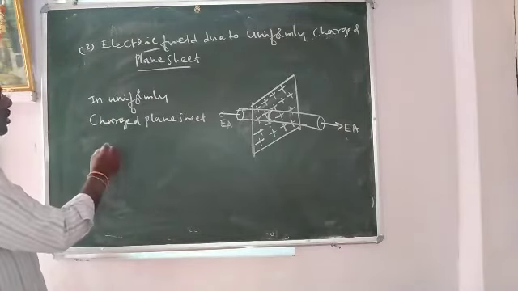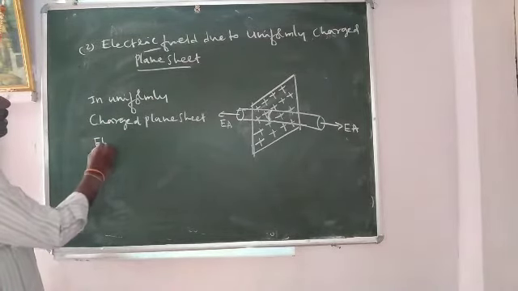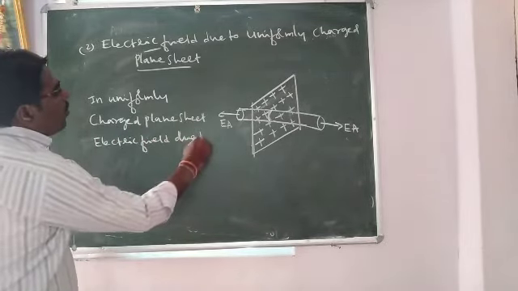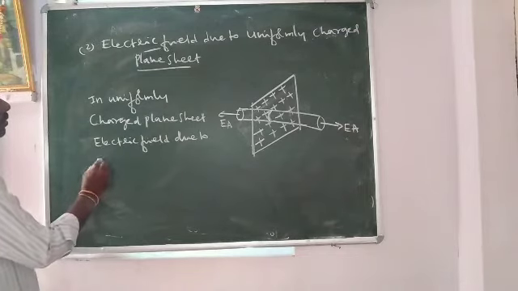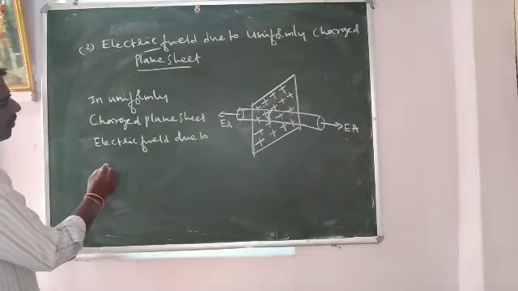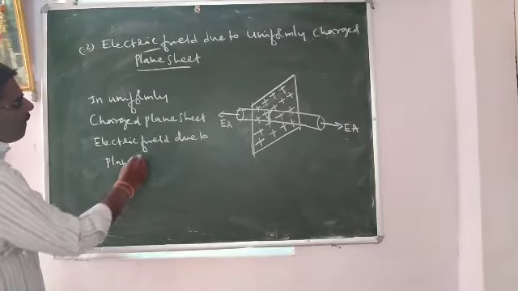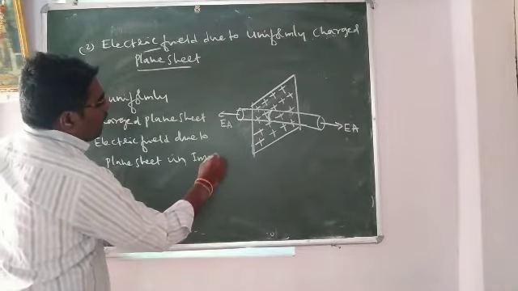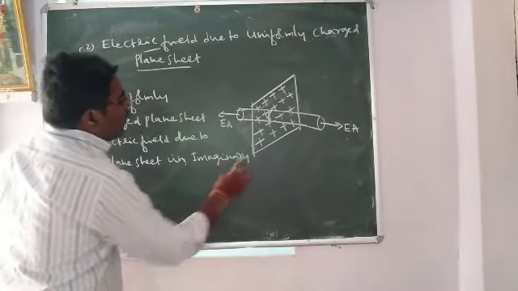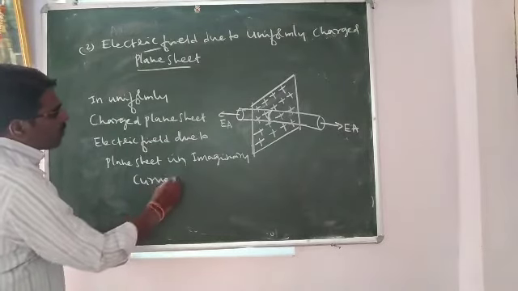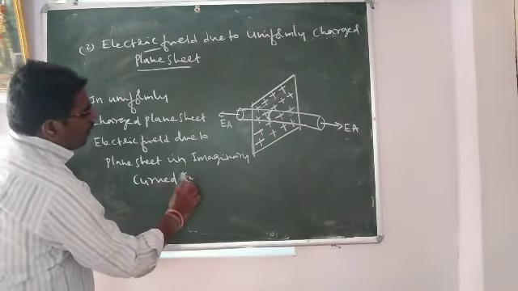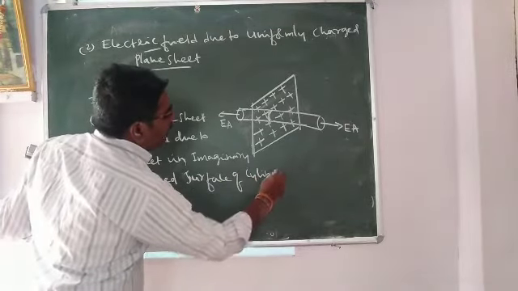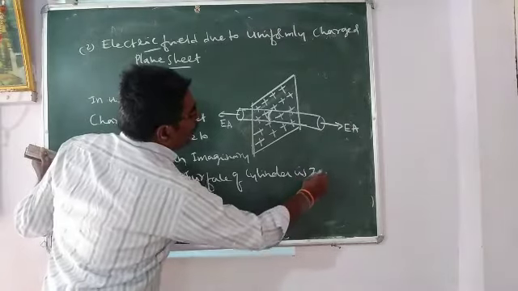The electric field due to the plane sheet in the imaginary curved surface of the cylinder is 0.